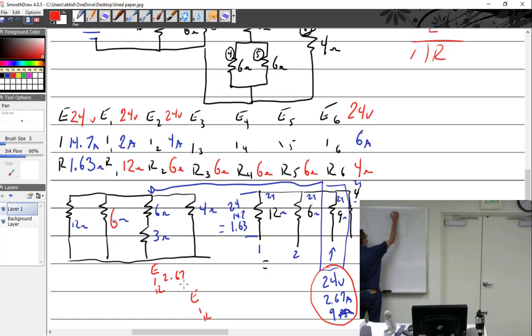So this right here is R4 and R5, right? So what is my total voltage across these two? 7.8. What is my current? 2.67. And 3 ohms. Awesome. R4 is 6 ohms, and this one is 6 ohms.